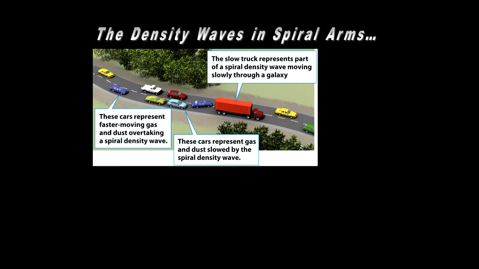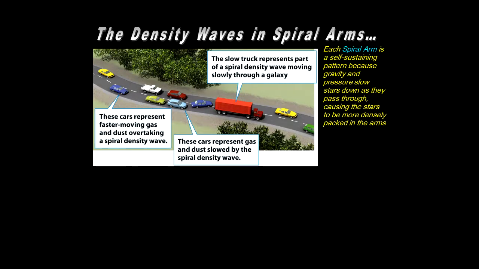So that's how the stars essentially flow through the arm structure of a spiral galaxy. They get compressed, and then they pass and then speed up again. So at any given snapshot in time, you look at the arm, and it's a different set of stars that you see in the particular spiral arm.